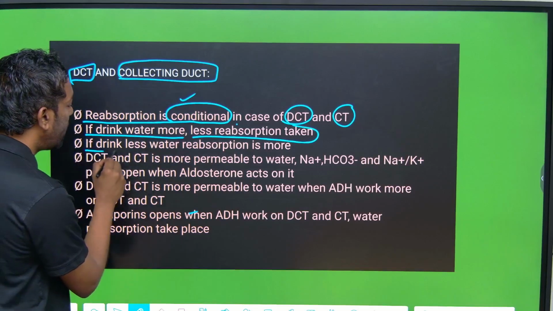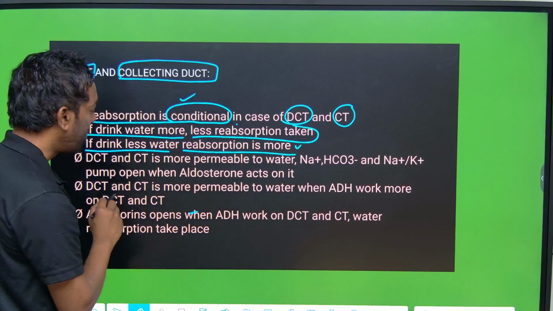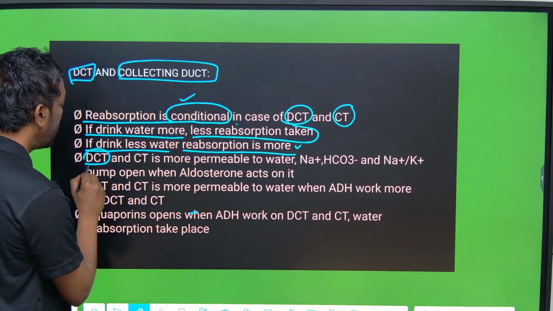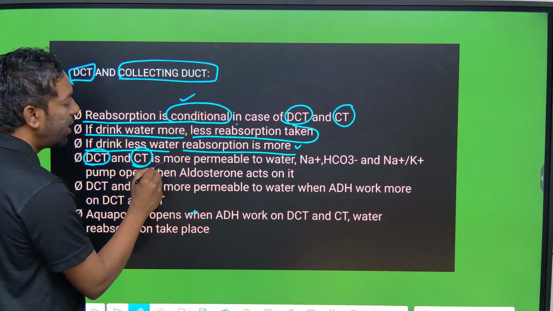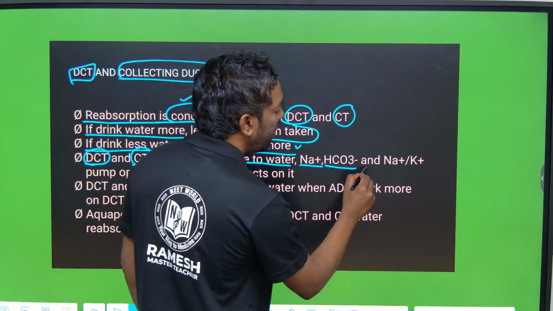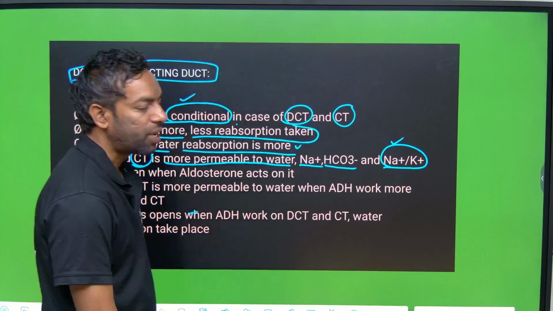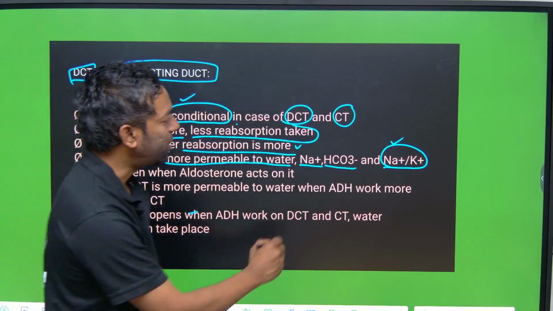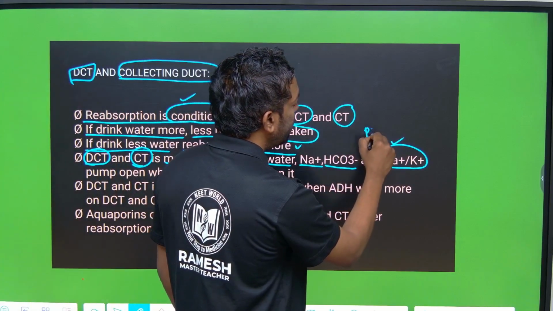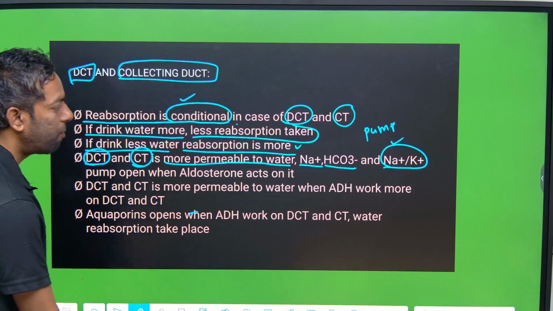If you drink less, reabsorption is more. The DCT and collecting duct are more permeable to water, sodium, bicarbonate, and they involve the sodium potassium pump, with leakage channels open.